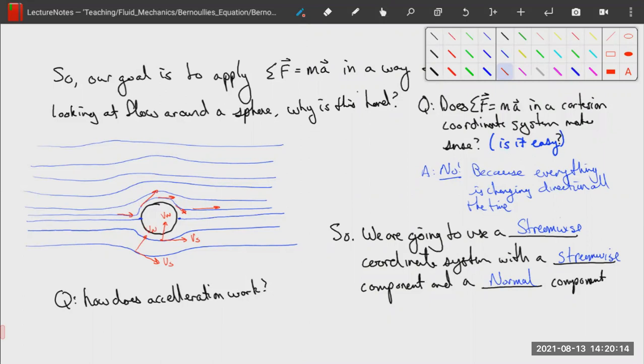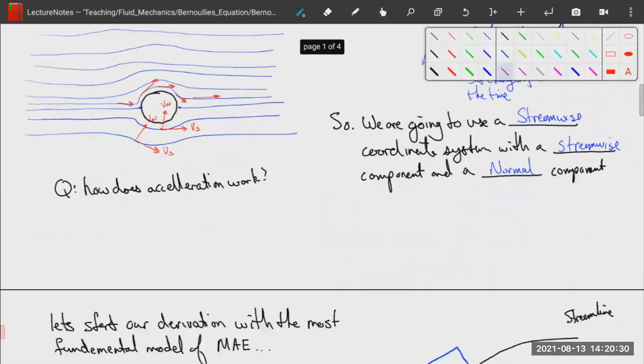Which is great. That means now we have a consistent coordinate system, even if, at least relative to some kind of datum, our coordinate system is constantly changing its own direction, right? So now you might ask yourself, we're using F equals ma, how does acceleration work here? Well, if we write out our acceleration, here's our answer. Our acceleration streamwise is equal to dV/dt, which is equal to dV/ds times ds/dt, where s is the direction that the streamline is currently facing, right?